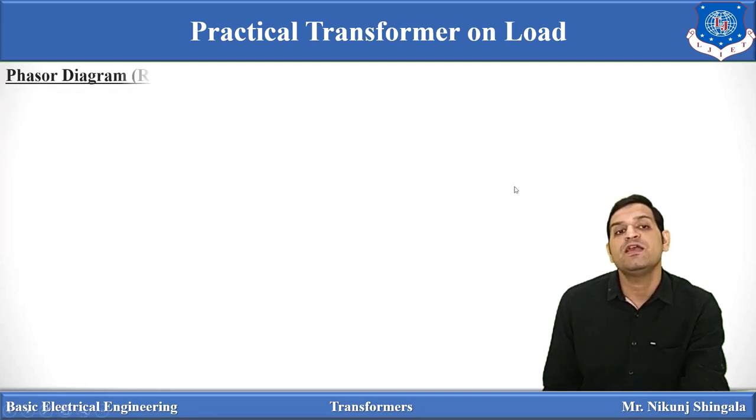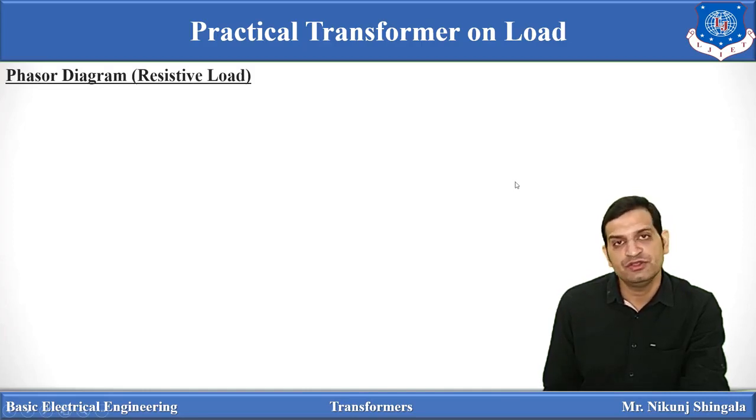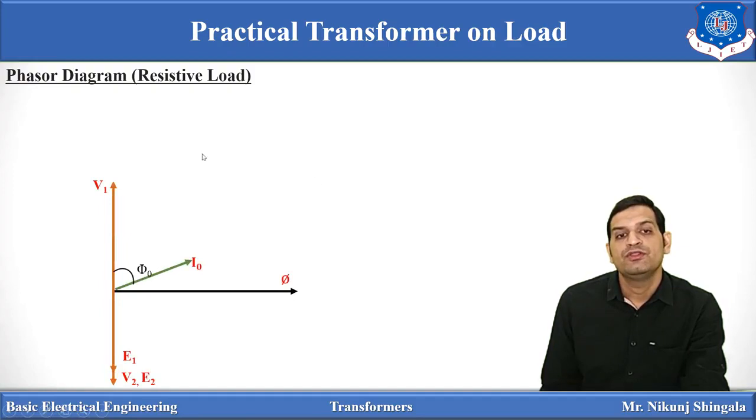Now moving towards the phasor diagram for resistive load for a practical transformer on load condition. This kind of phasor diagram we have already drawn for the practical transformer on no load condition. We know I0 is lagging behind V1 by some angle phi 0. Now if the load is assumed to be resistive, then I2 will be in phase with V2.